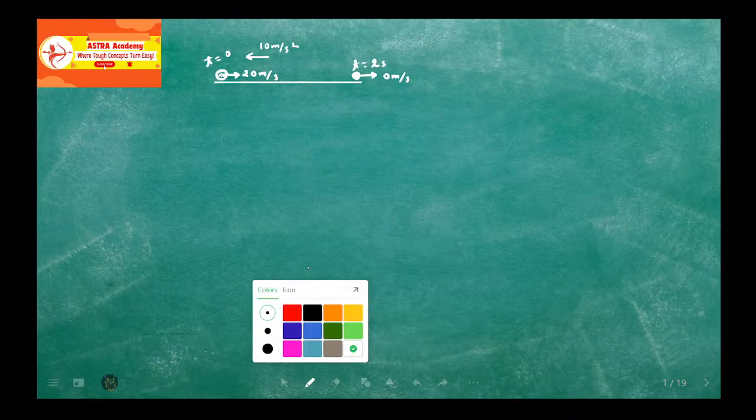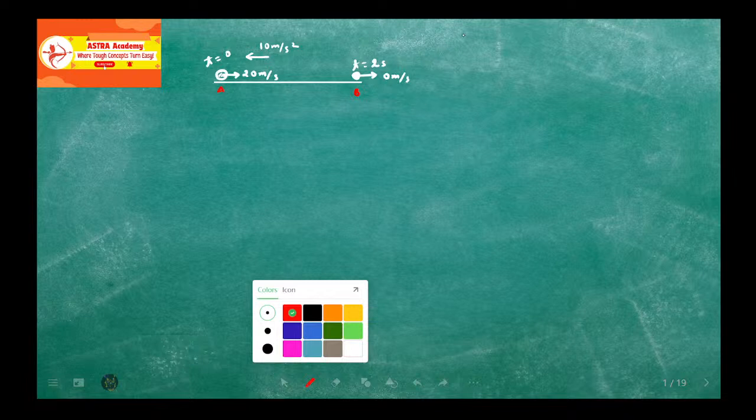Now we shall find the displacement. So the displacement will be directly given by, I have told you a trick, that to find the displacement we have to do nothing but find the velocities at the 2 points between which we are interested in knowing the displacement. Suppose we want the displacement between point A and point B. The velocities at A and B are 20 and 0.